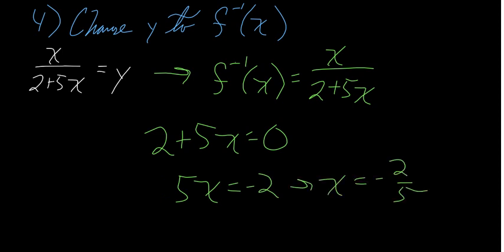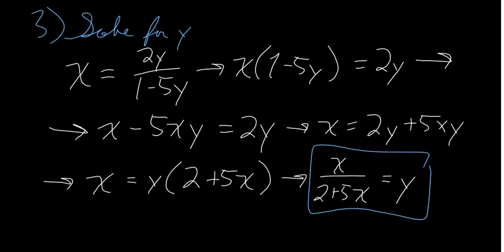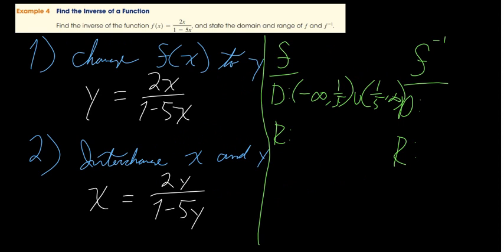So I can use every single number but negative 2/5 in f inverse. The domain of this is every number but negative 2/5, and I've done messed myself up, haven't I? Negative 2/5 unioned with, oh, dadgummit.